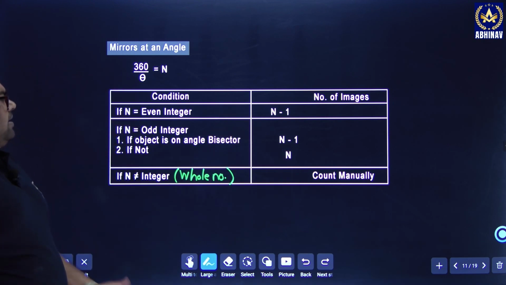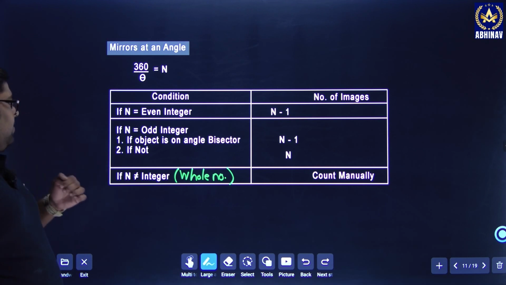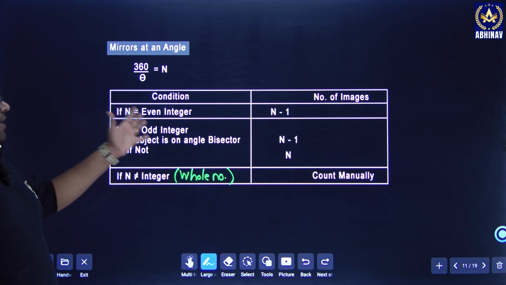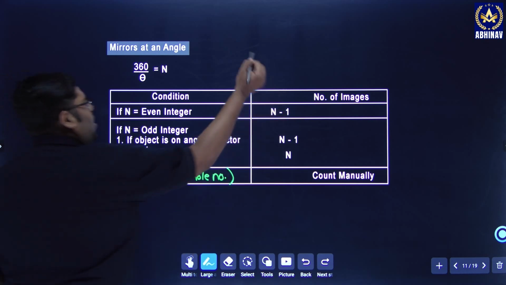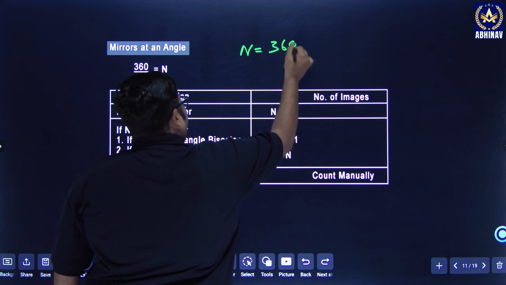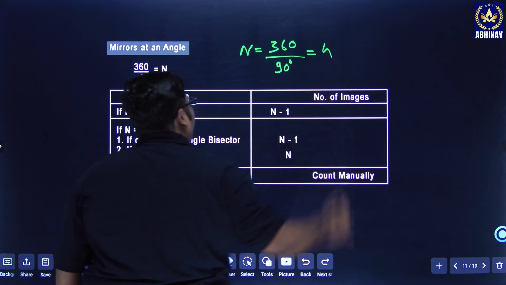Now let us try to solve here. Let us solve our 90 degree example, that if two plane mirrors are arranged at 90 degrees, that we just saw. So find N. Your first step is to find N: 360 divided by 90 degrees. That will give you the value as 4.